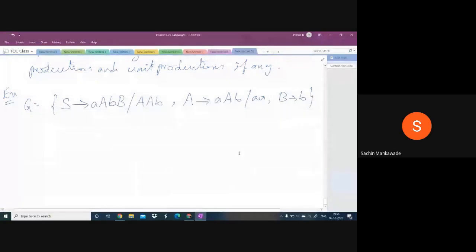And is this in CNF? What is CNF? Left side single, of course. Right side is either two symbols, both non-terminals, or a single symbol which is a terminal.